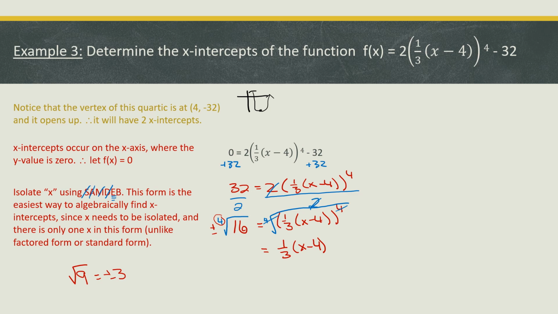On the other hand, the third root of 8 is only positive 2, because negative 2 cubed is not equal to positive 8. So when you have an even exponent, you need both. When you have an odd radical index, you only need one. So this 4th root of 16 is 2, but I've got a plus or minus 2 on this side.